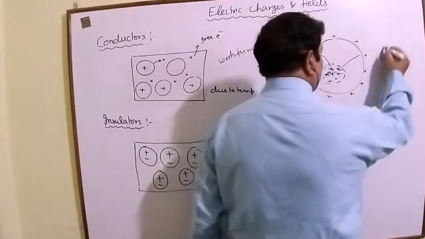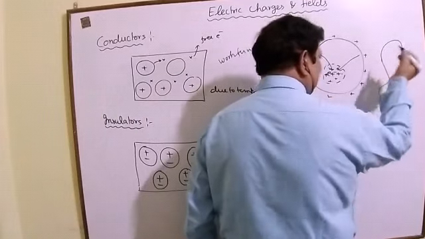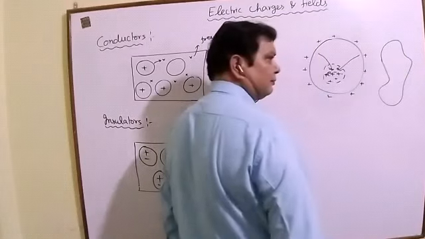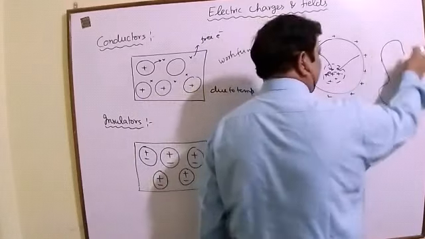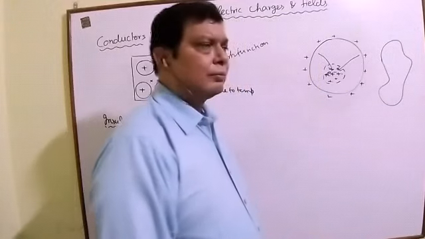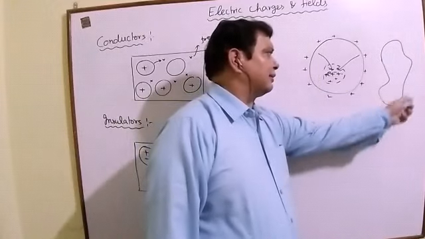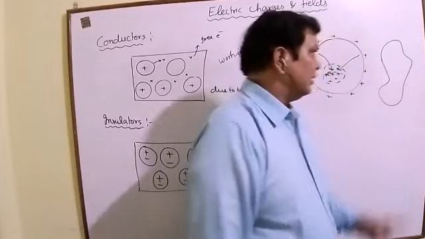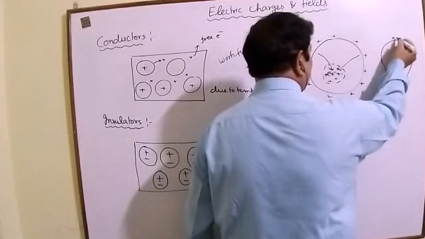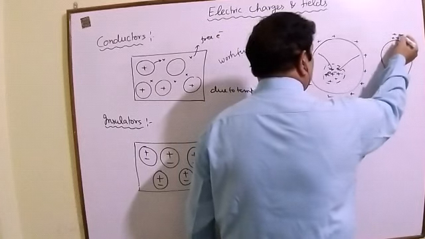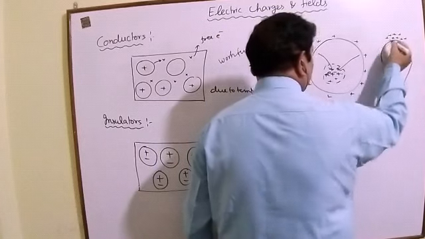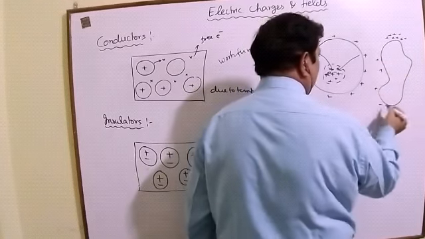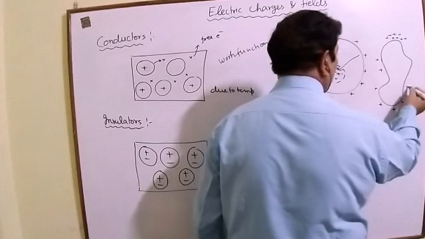And if the conductor is of irregular shape and you have given some charge to it, the charge will reside over the surface, but the distribution of the charge will not be uniform. If there is any sharp edge, then at the sharp edge the charge density will be more. I will discuss it in detail later on, but you must know this.